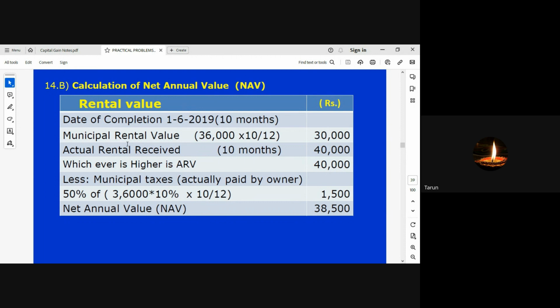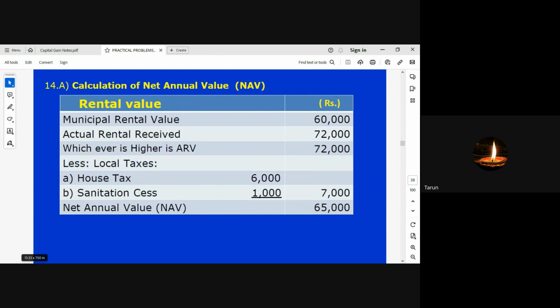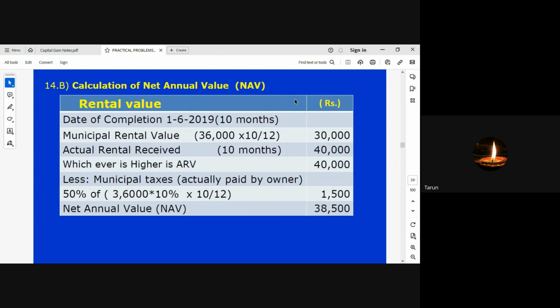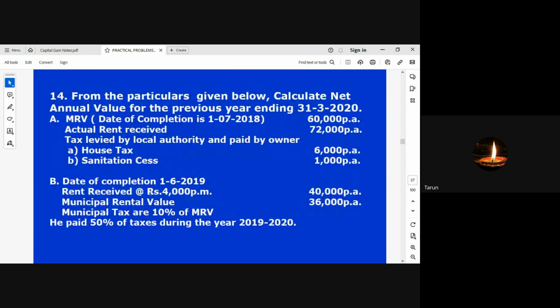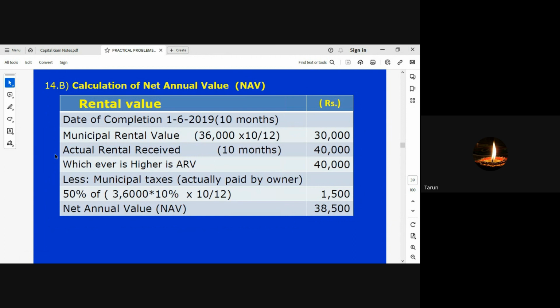So MRV, that is 36,000, is already given in the question. In case B, MRV is 36,000 into 10 by 12, because it is a case of 2019 to 20.